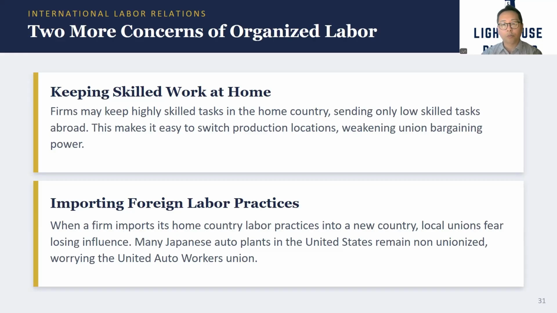Many Japanese auto plants in the United States remain non-unionized to this day, which has been a source of ongoing frustration for the United Auto Workers union, since it means shrinking union influence across the American auto industry.